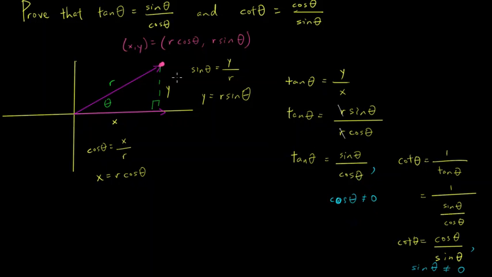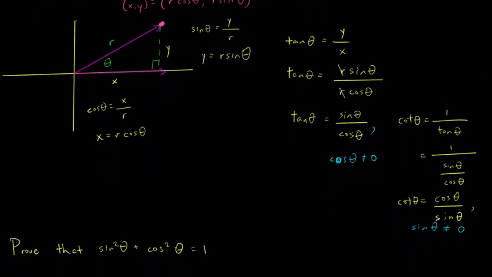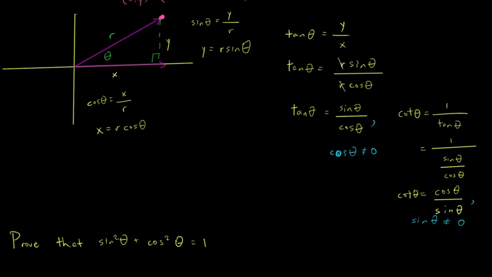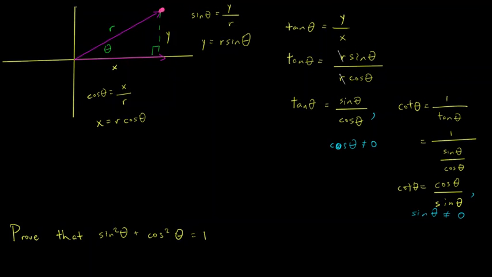Now, based on the diagram that we produced in the last example, can we now prove that sine squared theta plus cos squared theta equals 1? If you recall the Pythagorean theorem, you know that a squared plus b squared equals c squared, where c represents the hypotenuse and a and b are the side lengths of a right angle triangle.